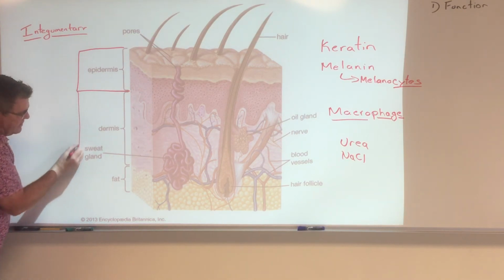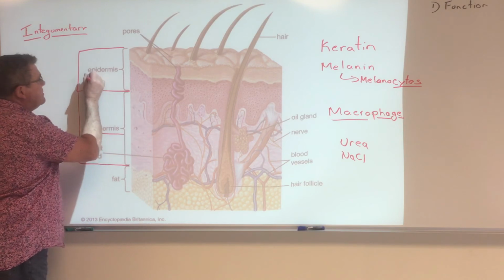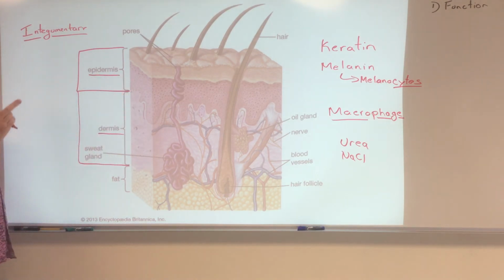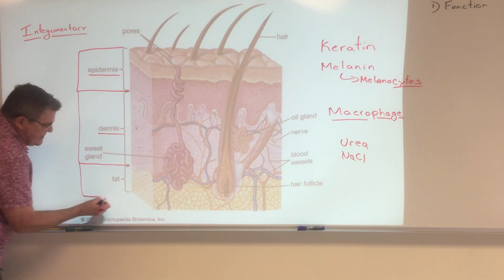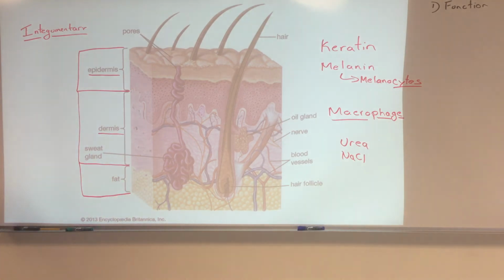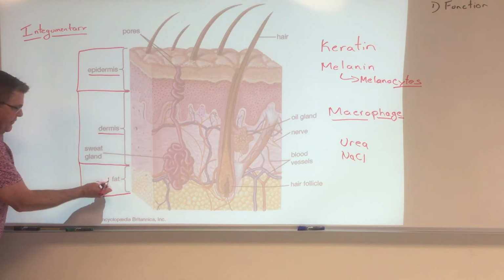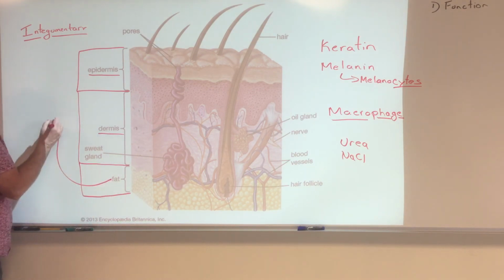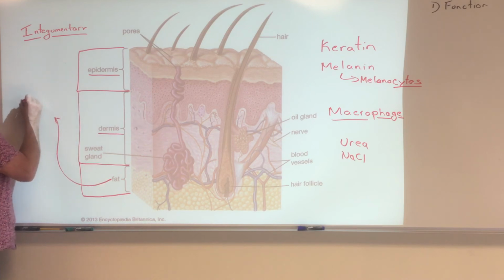Below that, we have the dermis, which I'm going to divide into two layers. The epidermis I'll divide into a number of layers also. And then this is fat on this image that I'm using from Encyclopedia Britannica. There's more than fat down here. This is also known as the hypodermis.